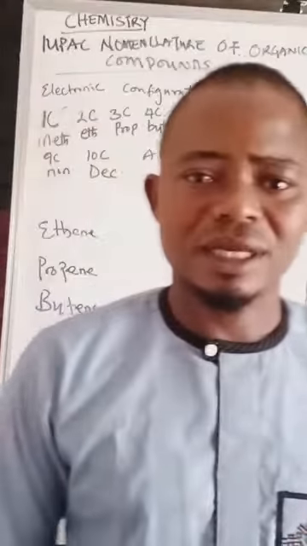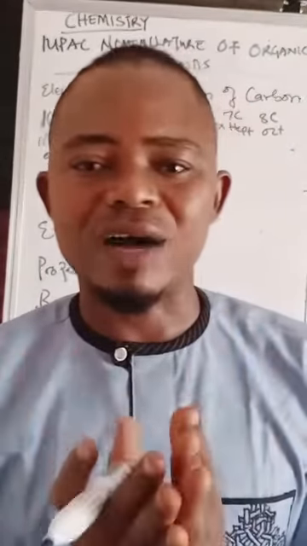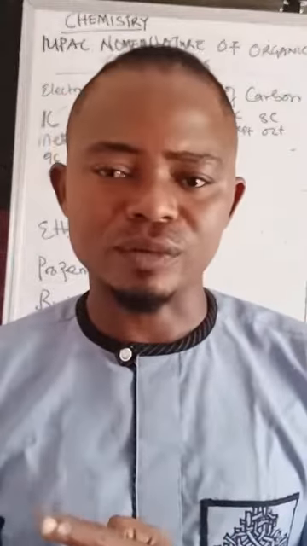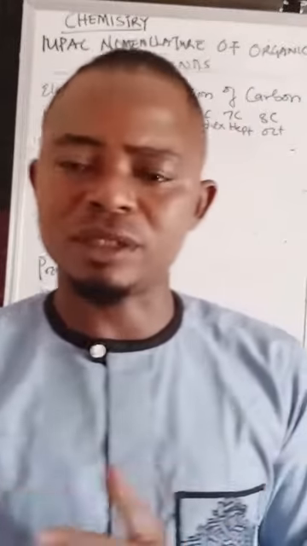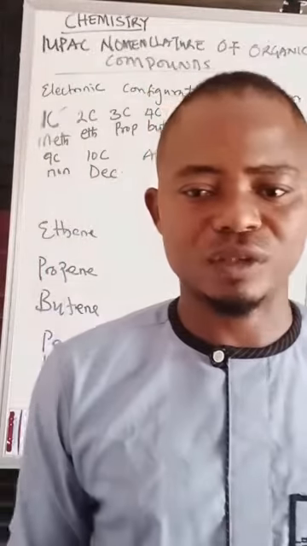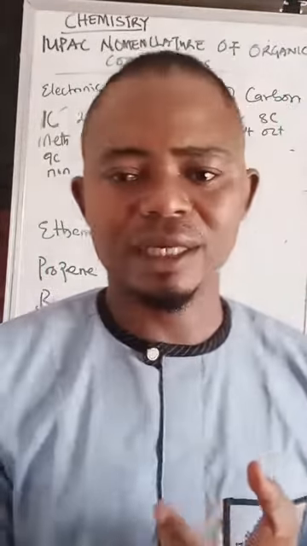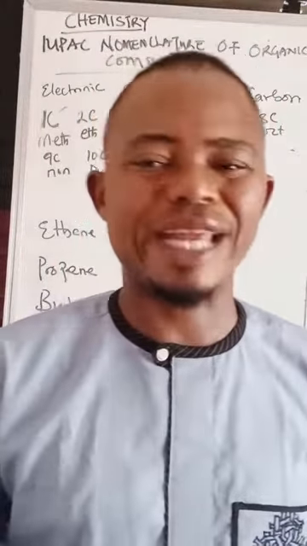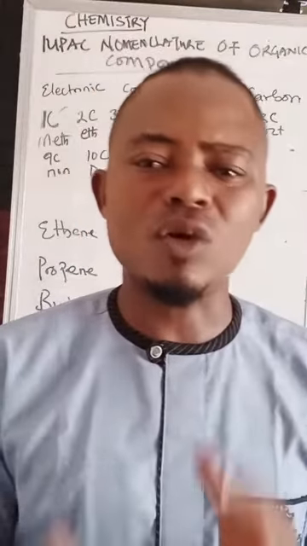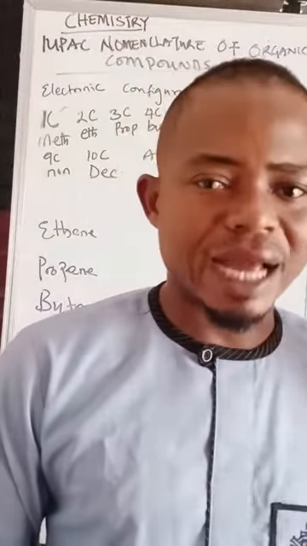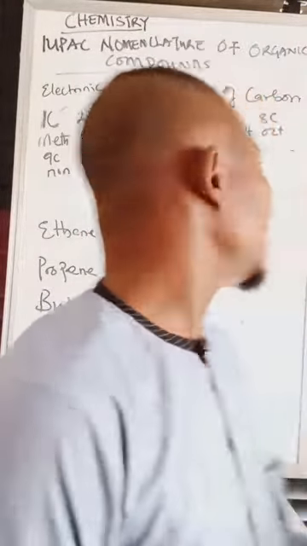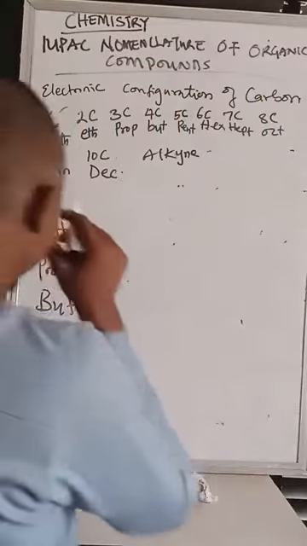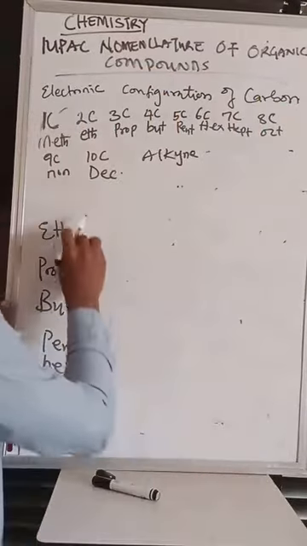The alkenes have a double bond, while the alkynes have a triple bond. Now you can see that the level of unsaturation is increasing with the increase in the number of bonds. We say the alkanes are saturated, while the alkenes and the alkynes are unsaturated. So we'll call the alkenes and the alkynes unsaturated hydrocarbons, while the alkanes are called what? Saturated hydrocarbons.